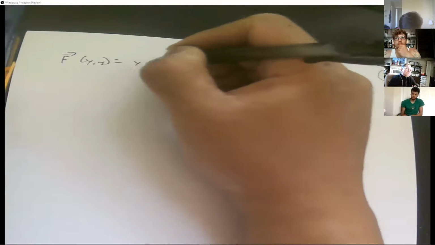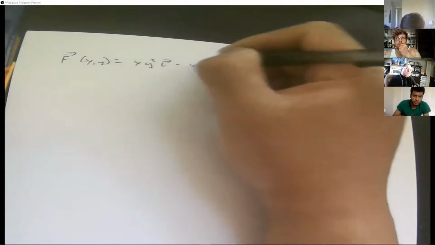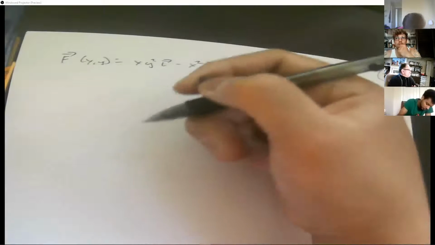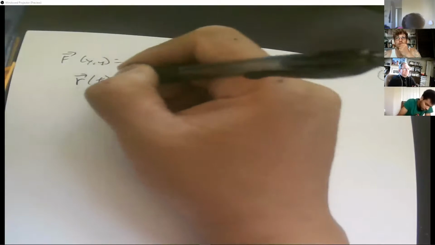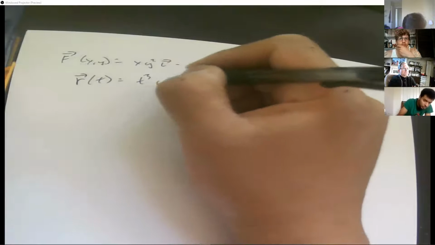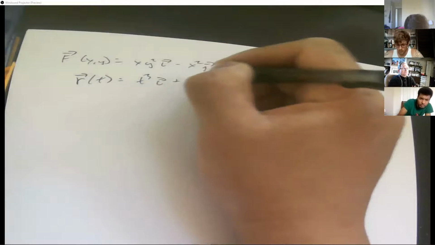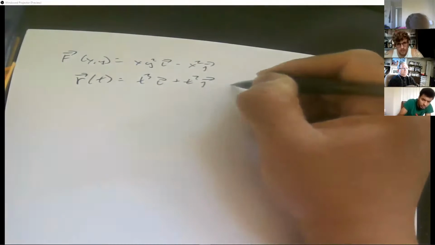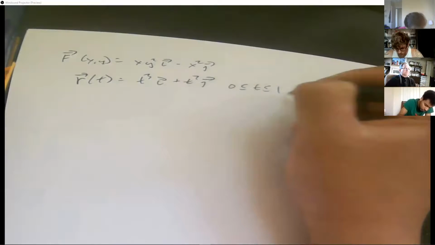So let's look at this example. Let's find a nice problem. Let's say F of x, y is equal to x y squared i minus x squared j. r is given by t cubed i plus t squared j, with 0 less than or equal to t less than or equal to 1.